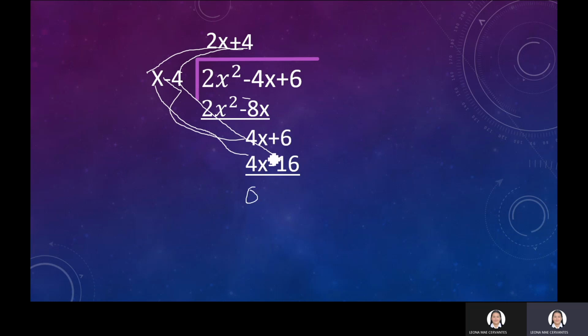Positive 6 minus negative 16, negative, negative, magiging positive. So, magiging addition. Positive 6 plus 16, positive 22. Then, sa oblique asymptote natin, disregard lang or ignore yung remainder. So, for our oblique asymptote, y is equal to 2x plus 4. Okay?